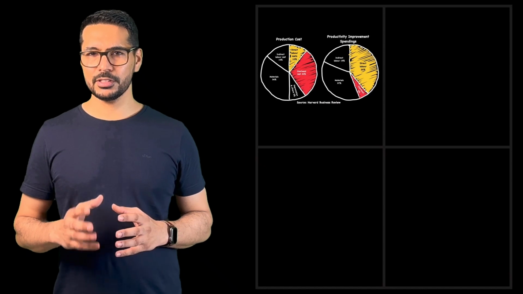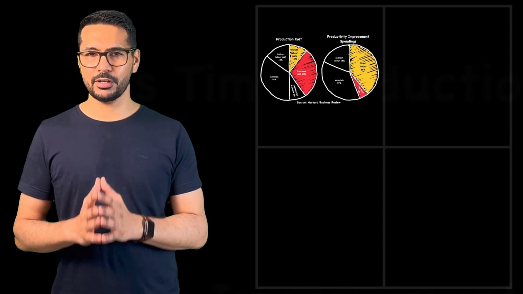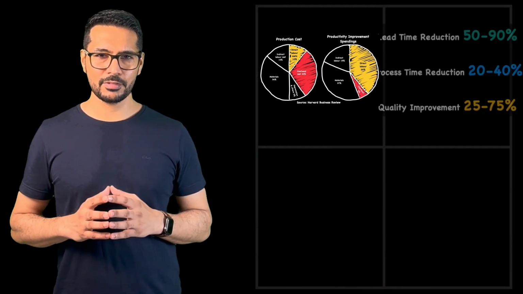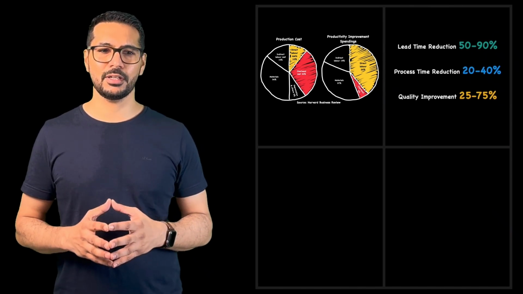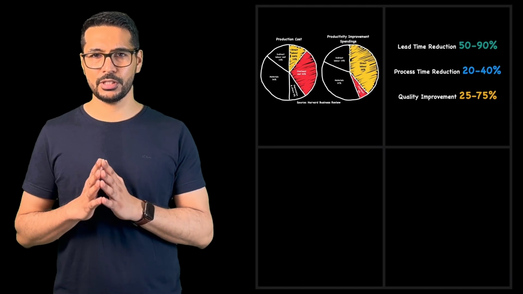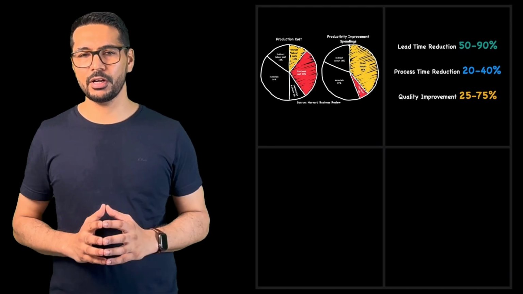In the end of first phase, creating the flow in office areas, we have seen and we have discussed more in detail the key benefits like lead time reduction, processing time reduction, and quality improvements.